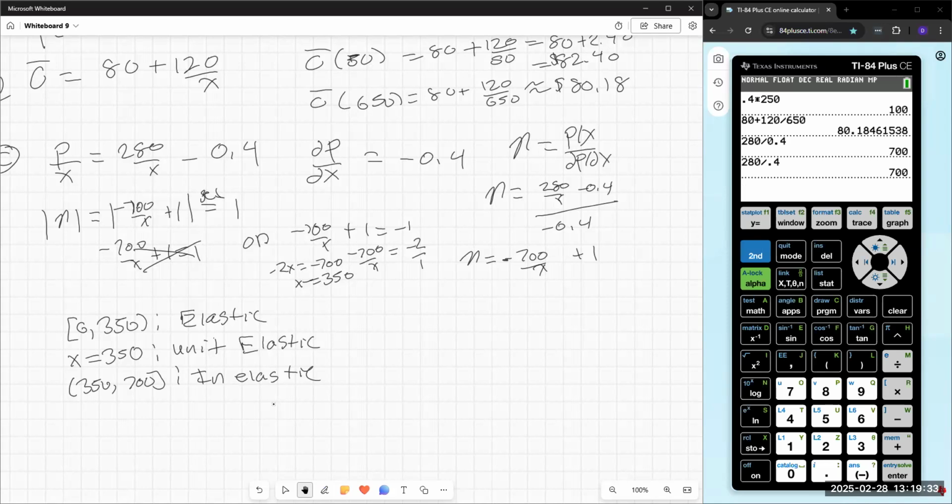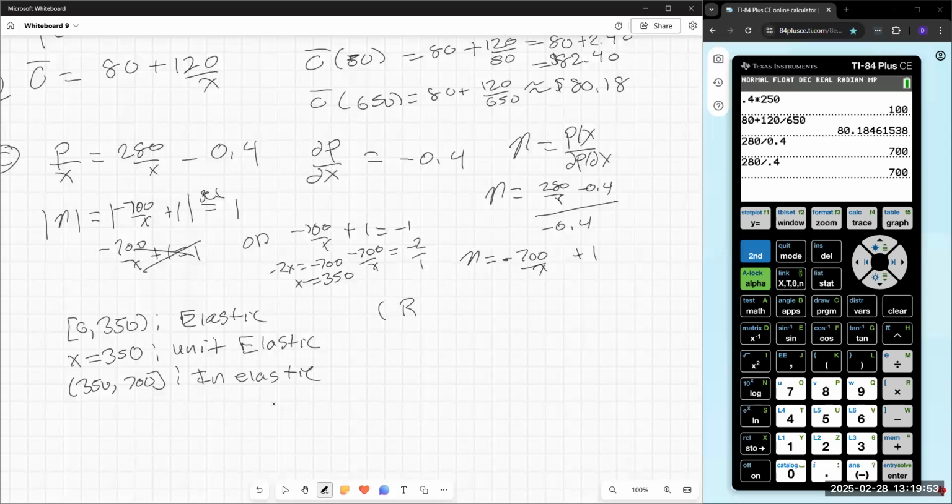And if you want to find the derivative of the revenue and graph that, you'll see that this is where dR dx is increasing, this is where it's flat, this is where it's decreasing.